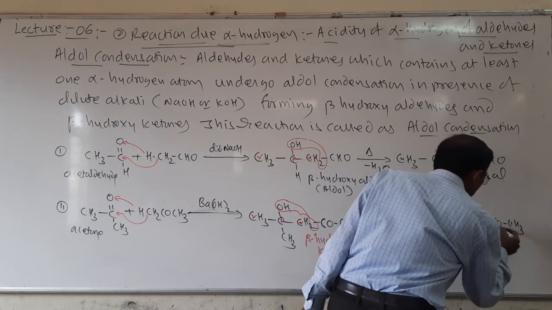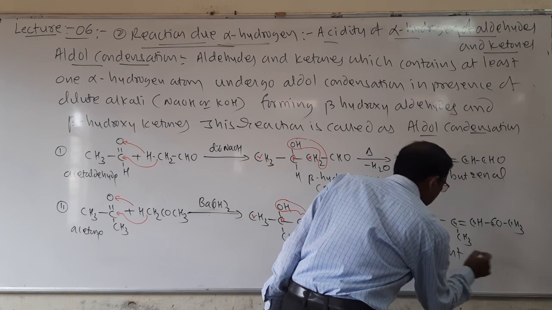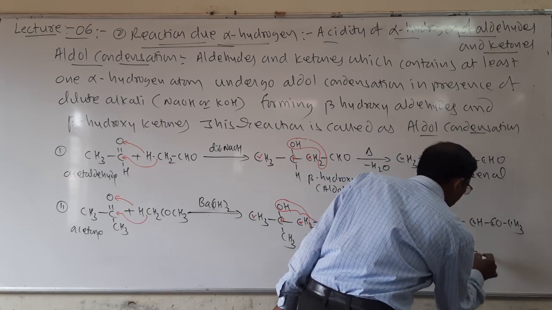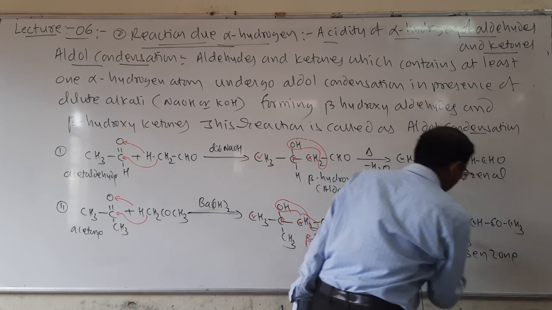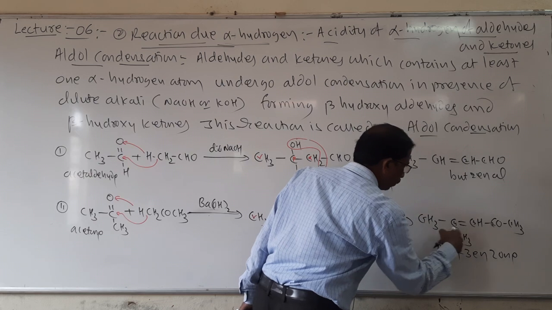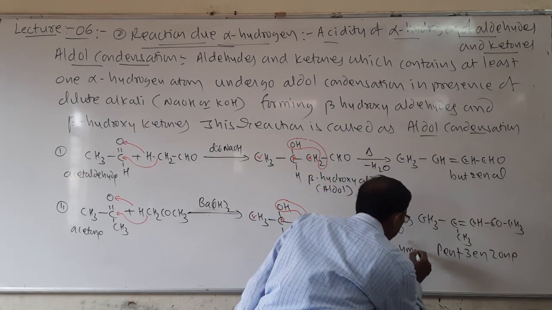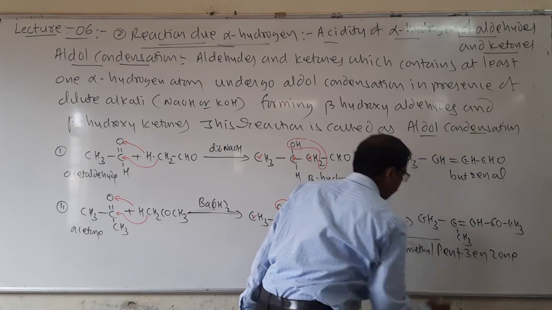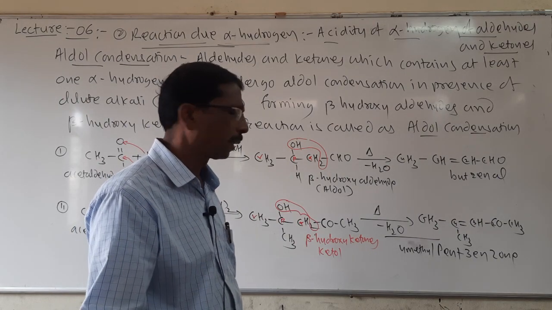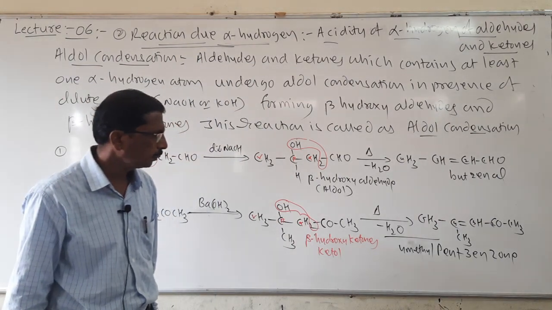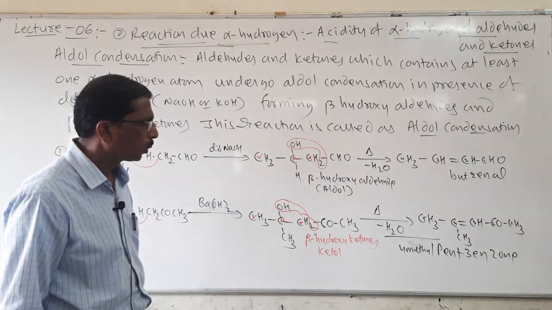Its name: 1, 2, 3, 4, 5, so it is pent-3-en-2-one, and the fourth carbon contains a methyl group. So it is called 4-methylpent-3-en-2-one.